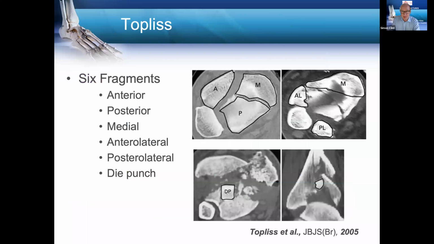And in this paper, they went on to describe the 6 primary fragments, either the main anterior, posterior, medial, or sometimes you can get avulsions of anterior, lateral, and posterolateral. And obviously you can get a piece of articular surface punched up like a die into the metaphyseal bone.